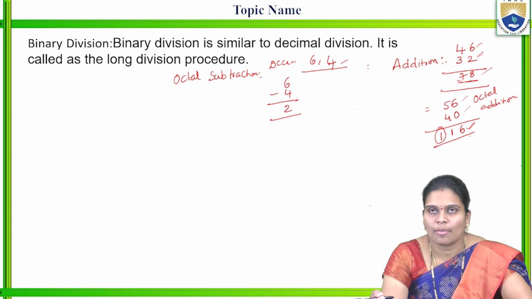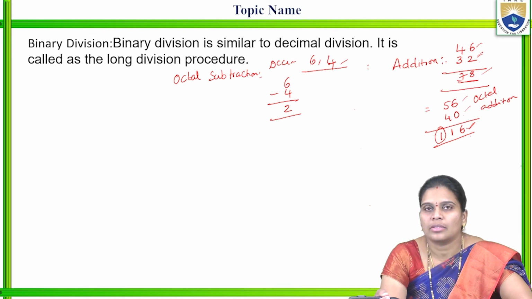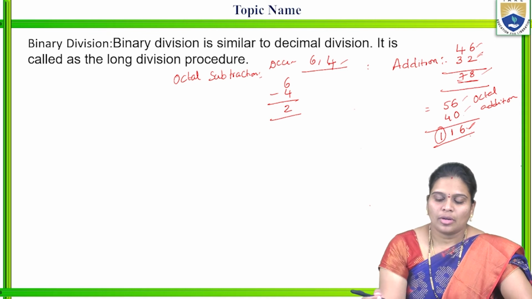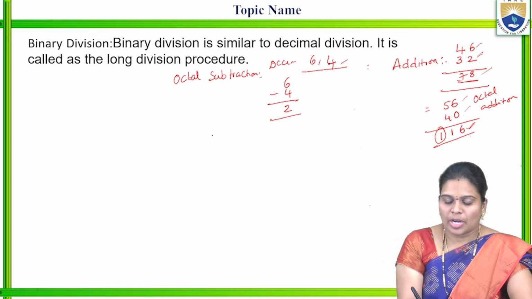That is the 8's complement. Coming to the 8 minus 1's complement, subtracting from 7, then adding 1, we are getting the 8's complement. Okay. So this one is octal subtraction, r's complement.